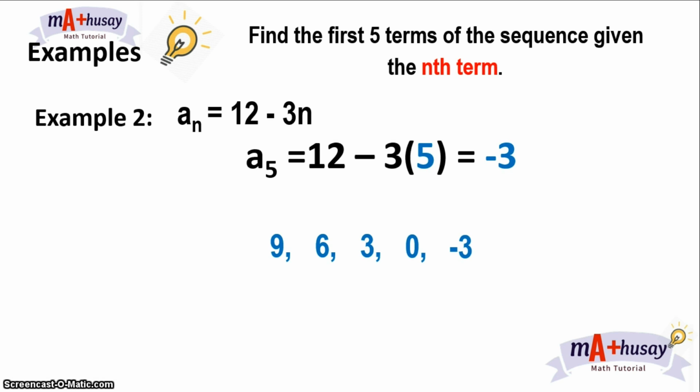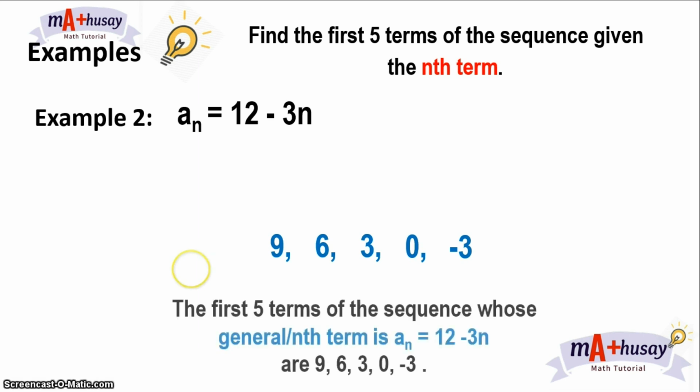The first 5 terms of the sequence of the function a sub n equals 12 minus 3n are 9, 6, 3, 0, and negative 3.